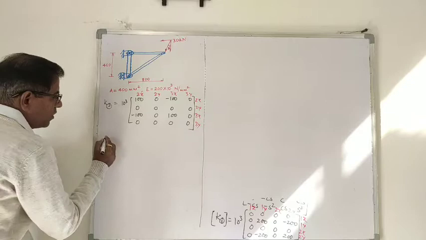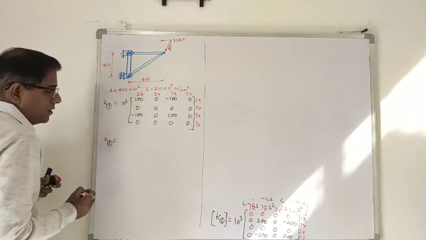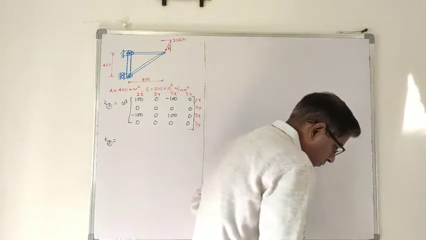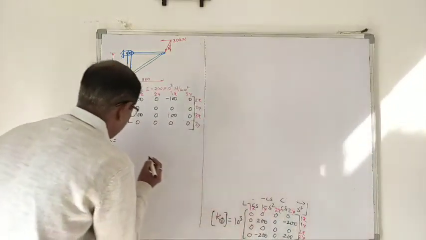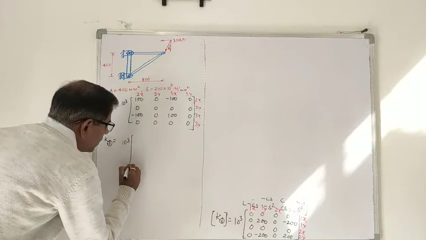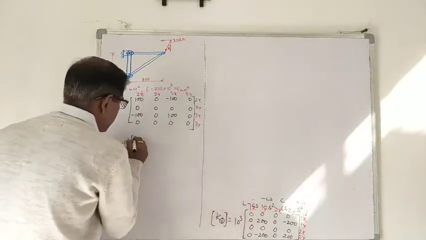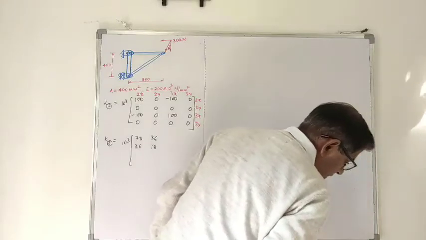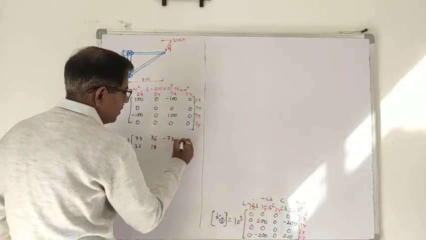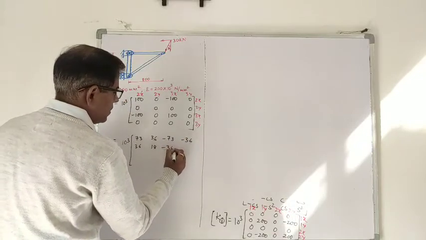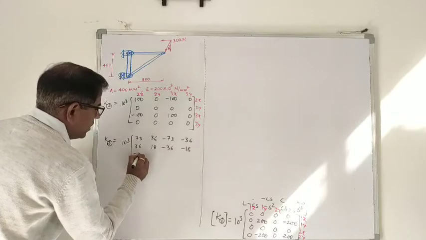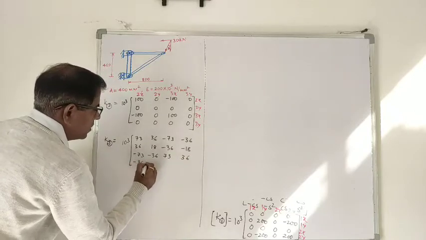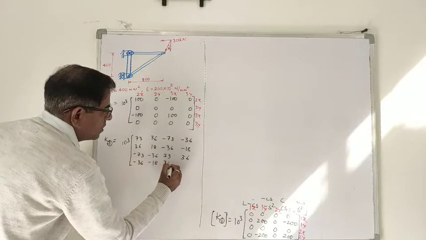Similarly, the element stiffness matrix for the third element is calculated as 10 to the power 3 outside the bracket, and inside the bracket is 73, 36, minus 73, minus 36, 36, 18, minus 36, minus 18, minus 73, minus 36, 73, 36, minus 36, minus 18, 36, 18.